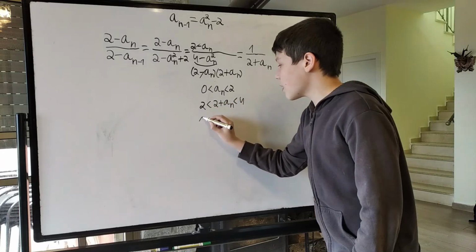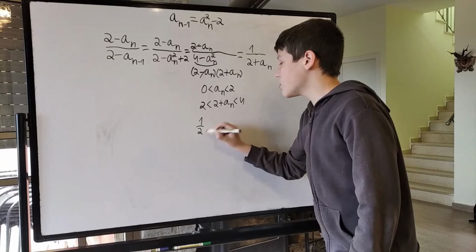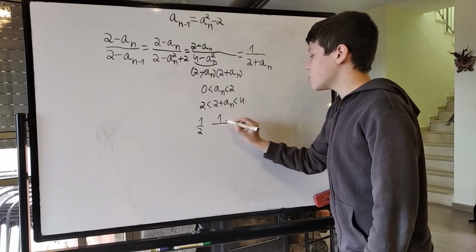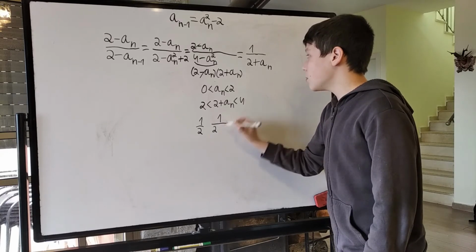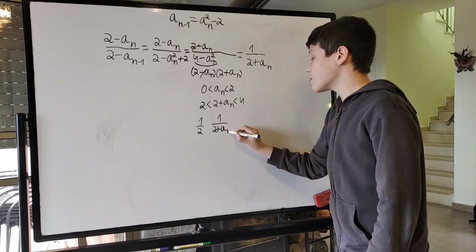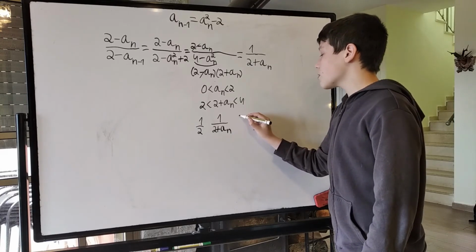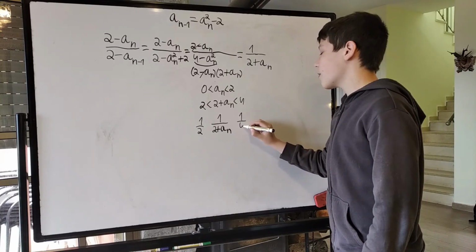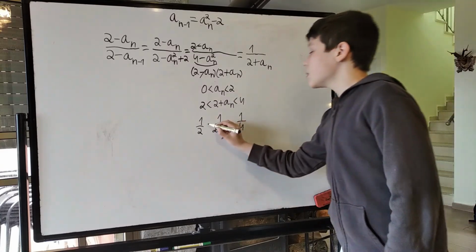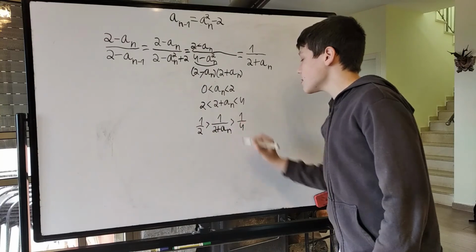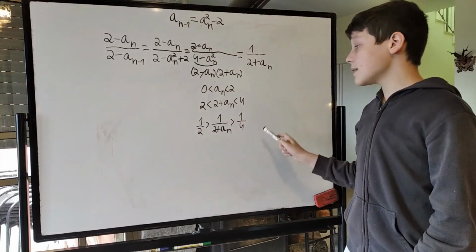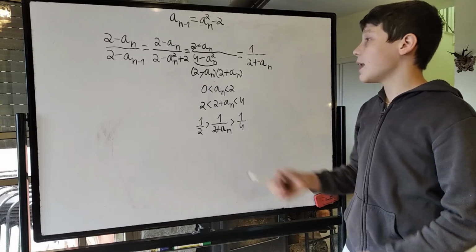So we have the reciprocal of 2, which is a half, the reciprocal of 2 plus a_n, which is this fraction, obviously 1 over 2 plus a_n, and the reciprocal of 4, which is a fourth. We flip the signs, and we got that this fraction is indeed between a fourth and a half.